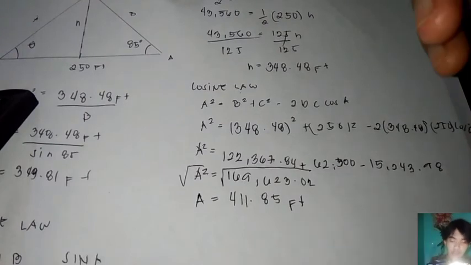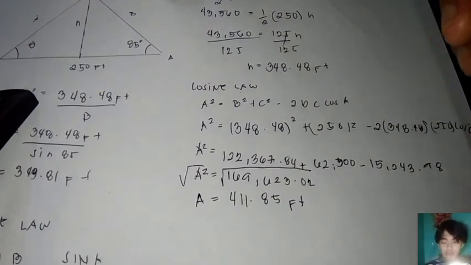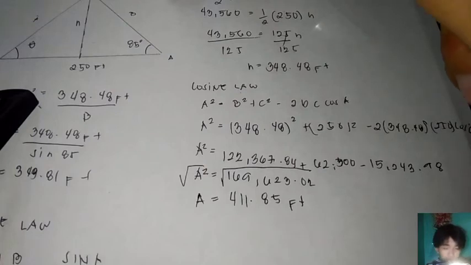So let's move on to cosine law. Our formula is a squared equals b squared plus c squared minus 2bc cosine a. So let's do the substitution.